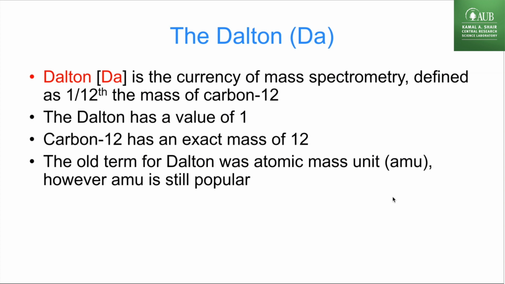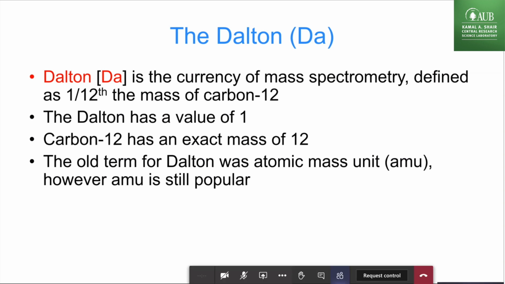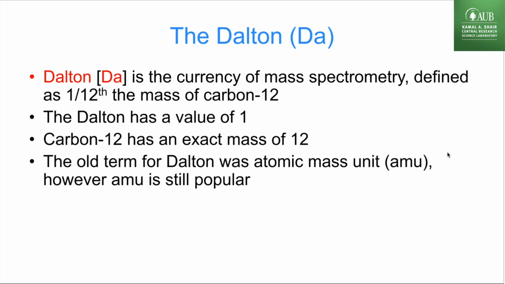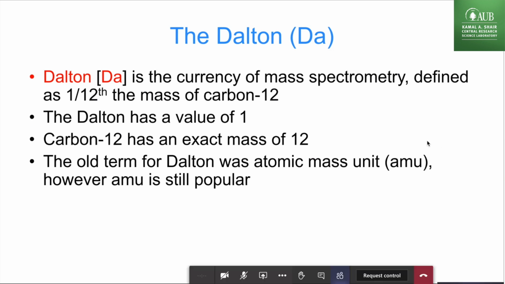So how do we define that? And this is very important, right? When you think about, for example, how we weigh ourselves, how we calculate our own mass in kilograms, how do you know if you weigh 50 kilograms or if you weigh 86 kilograms, how do you know what a kilogram is? So there is a reference somewhere in France. They have a kilogram and it's defined and that's 1 kilogram.